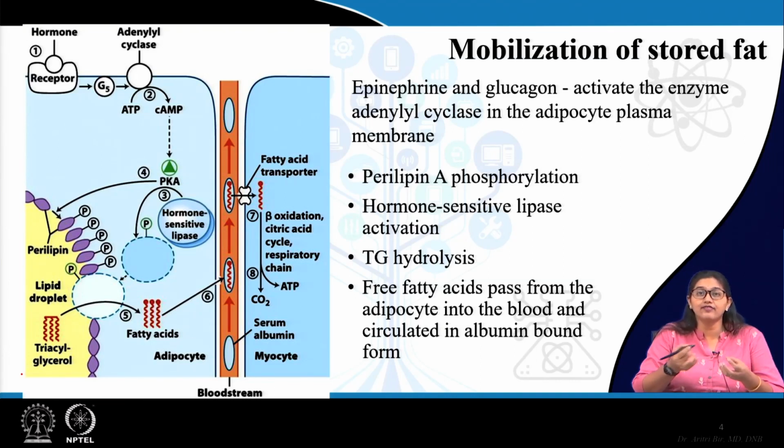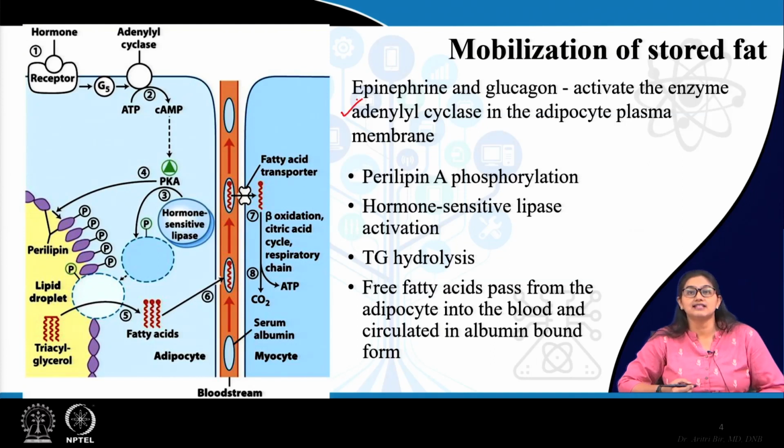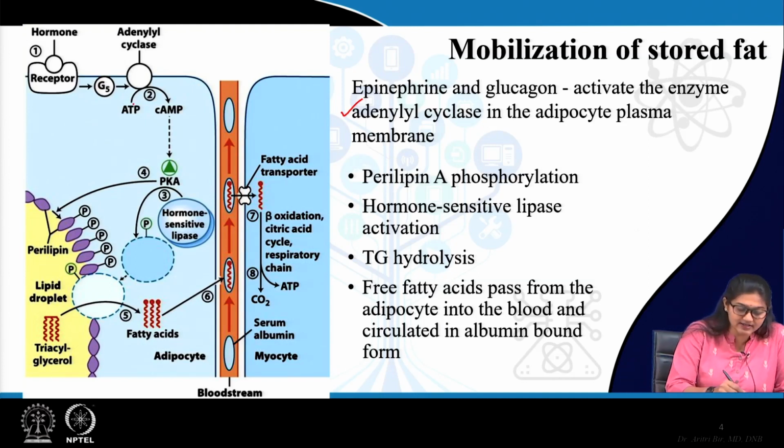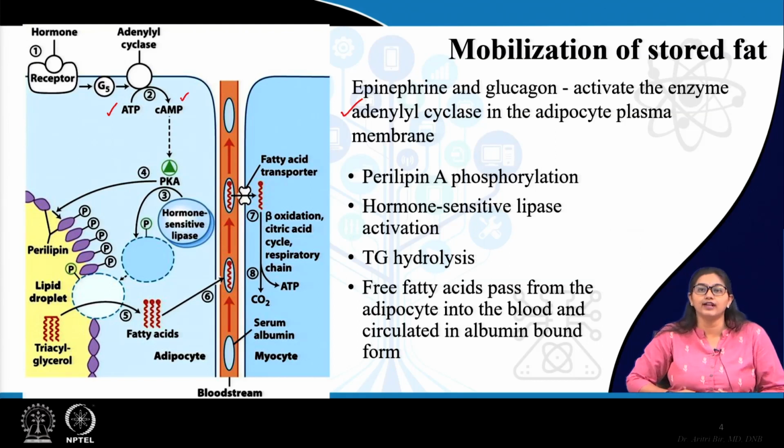Now, what do epinephrine and glucagon do? They activate the enzyme adenylyl cyclase. What does this adenylyl cyclase do? It converts ATP to cyclic AMP via a G protein coupled receptor.